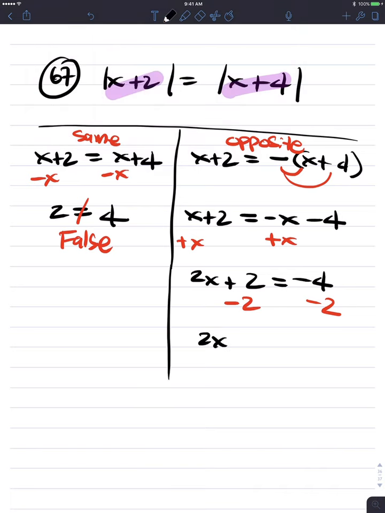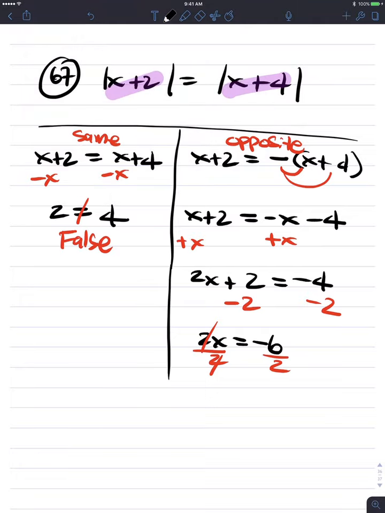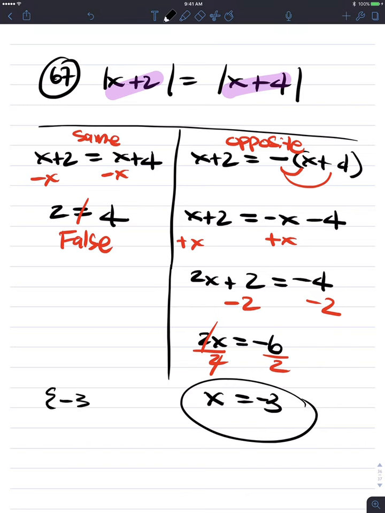I end up with 2x is negative 6. Divide both sides by 2. I get x will be negative 3. So the left side contributes nothing to the solution set, but the right side has a single value of negative 3.